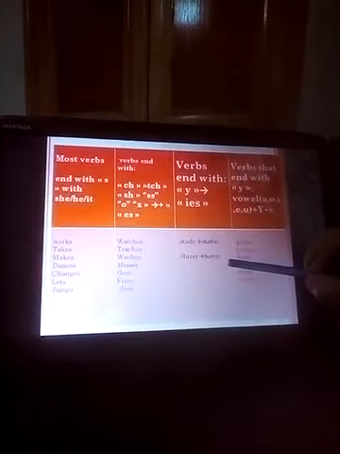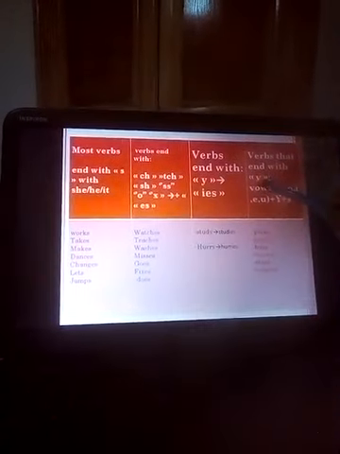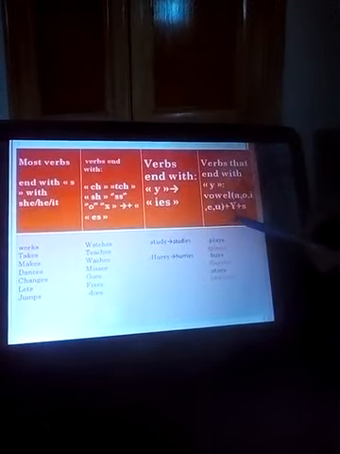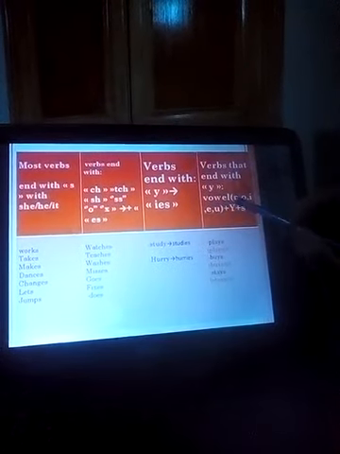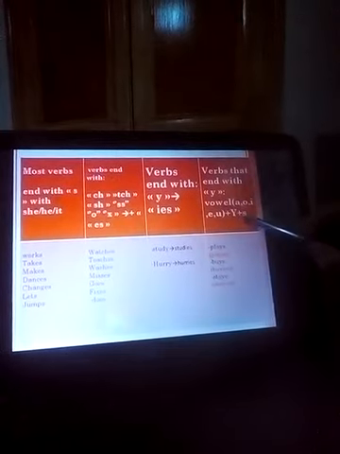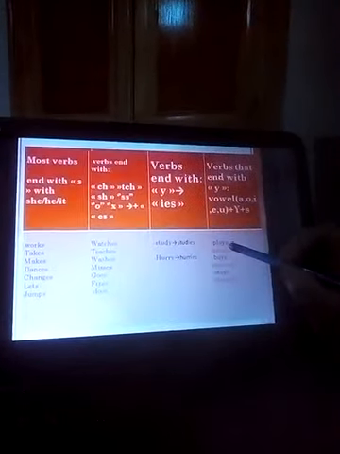Okay, but some verbs that end with y, when they are preceded by vowels, when we have a vowel like a, o, i, e, u, plus y, plus s, like play. So normally, play ends with y. Is it clear? So, can we add plays, i-e-s, or s?